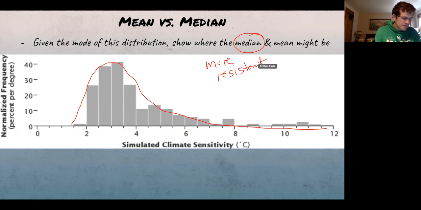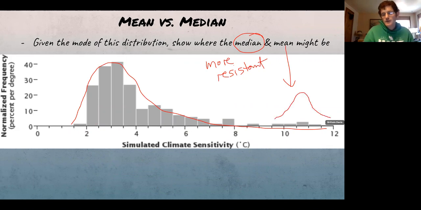And we only use the mean when we have a nice unimodal, symmetric distribution. There's no real outliers here that are going to screw this up. And it's the preferred measure if we can swing it.